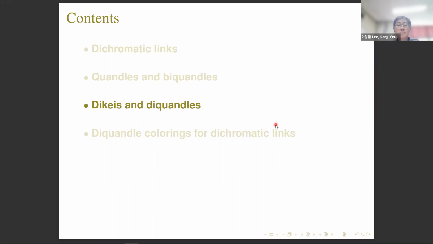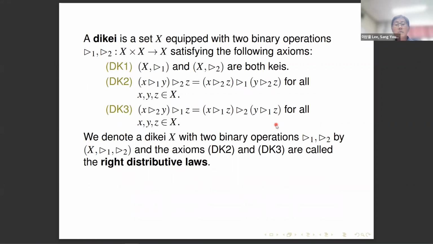Now I'd like to introduce the dikei and the diquandles. A dikei is a set X equipped with two binary operations satisfying the following axioms. X delta 1 and X delta 2 are both kei, involutory quandles.